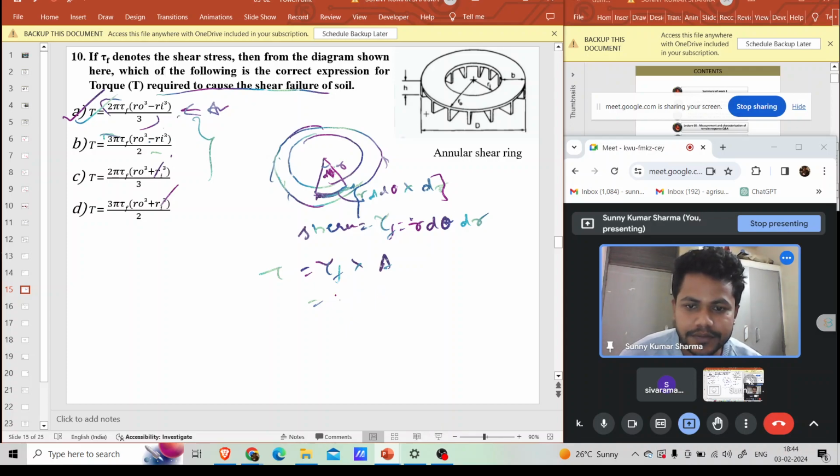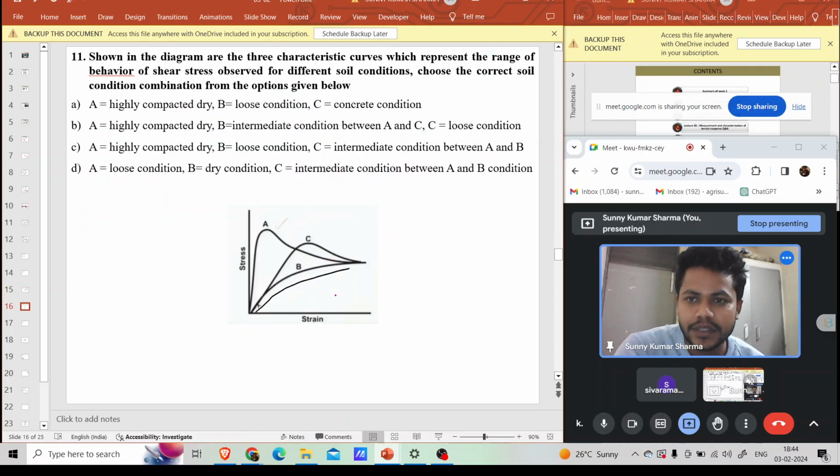Okay, you do that. That is not necessary here. Mainly you have to do this integration. For r d theta, you have to do it for 0 to 2 pi, and for dr, you have to do it from r inner to r outer, and you will get this formula. You just remember this formula. You don't need to check the correlation.